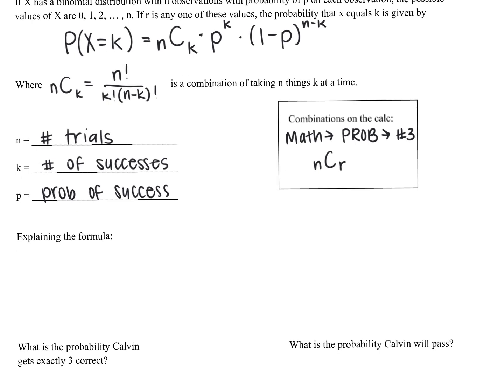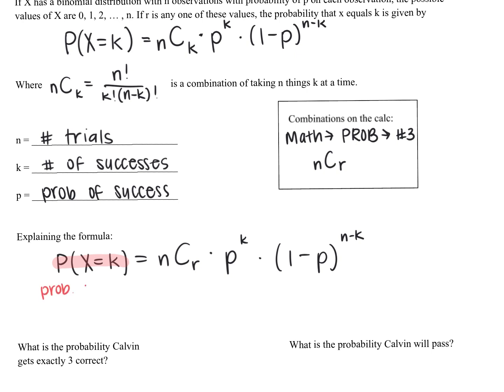All right. Now I'm going to kind of explain each piece of the formula. So I'm just going to rewrite it here. Probability X equals k. So I'm going to go ahead and explain each part. So the probability X equals k is your probability of k successes.